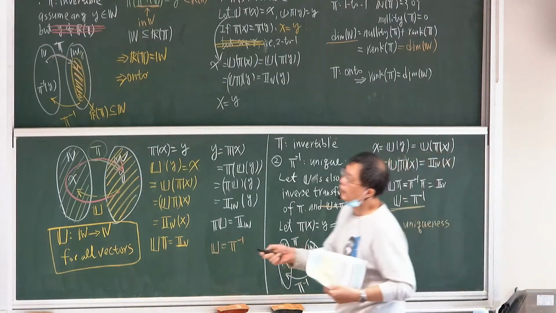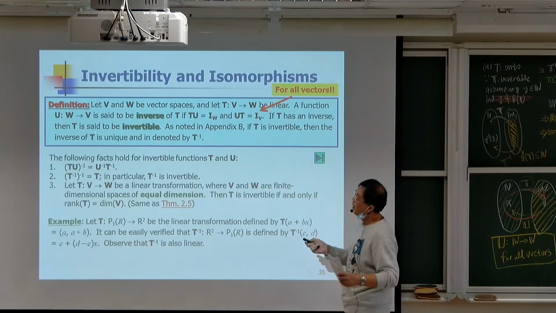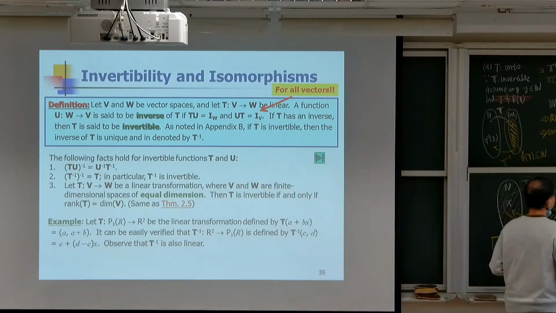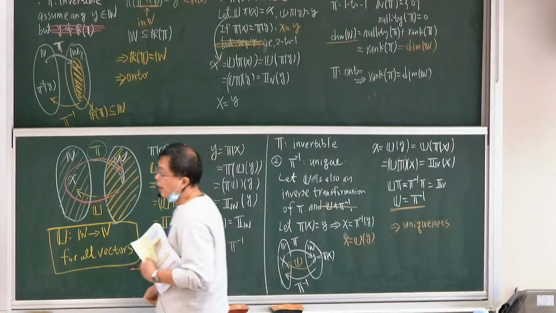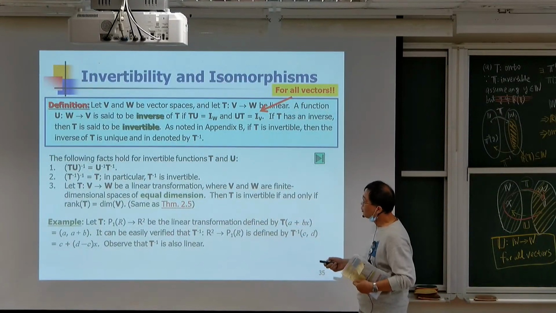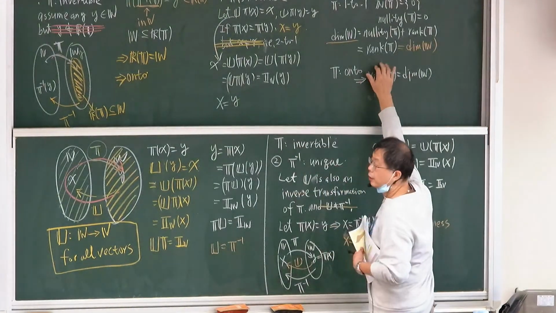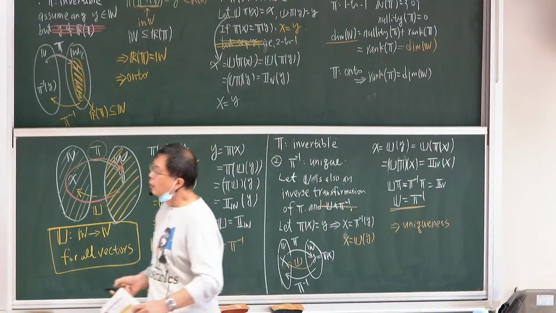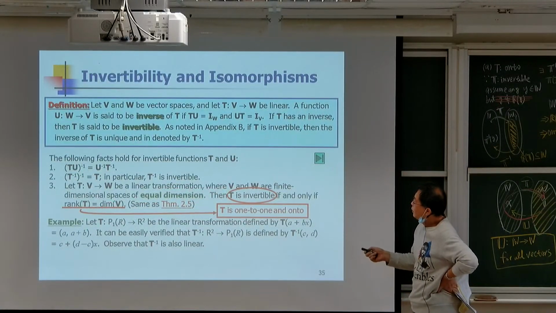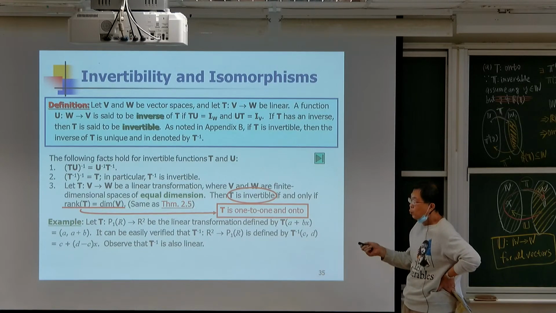Okay, so from the definition, we have already proved that the inverse transformation of T is unique. And also we proved dimension V equals dimension W. And also T is invertible if and only if rank T equals dimension V, because of one-to-one. So T is invertible implies that rank T equals dimension V, so T is one-to-one and onto.